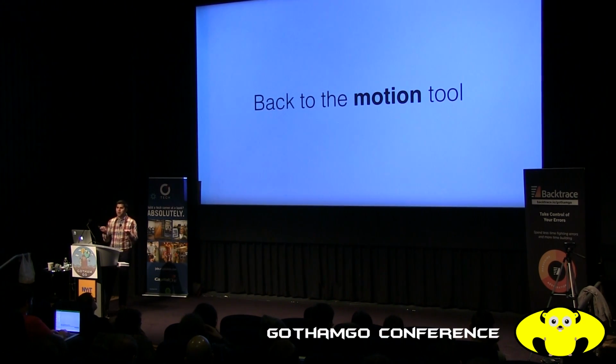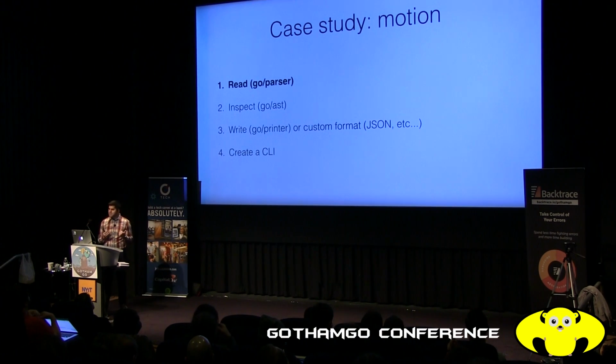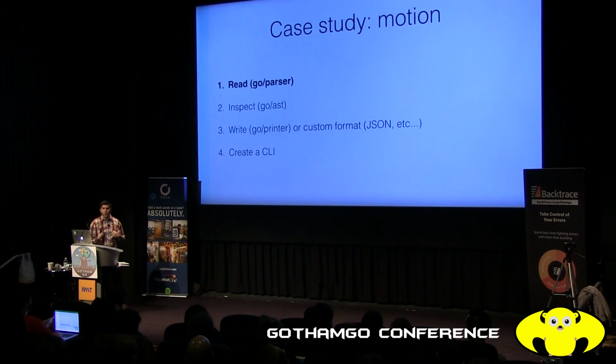So how do I write this Motion tool, right? I have some rules here, and so we're going to first read it, inspect or navigate it, and then write it via the Go printer to output, or we can write it in our own custom format, and then we're going to create a CLI.